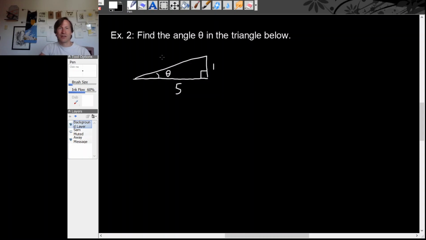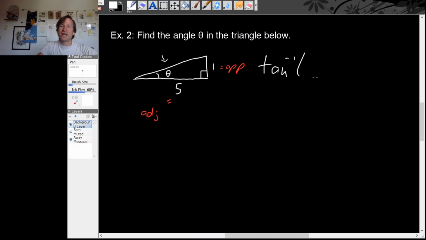Let's find this lower left angle in this right triangle. Here we know the opposite side, that's the side of length 1, and we know the side adjacent to the angle, that's length 5. We don't know the hypotenuse, so we should use a trig function involving the opposite and the adjacent side, and that would be tangent.